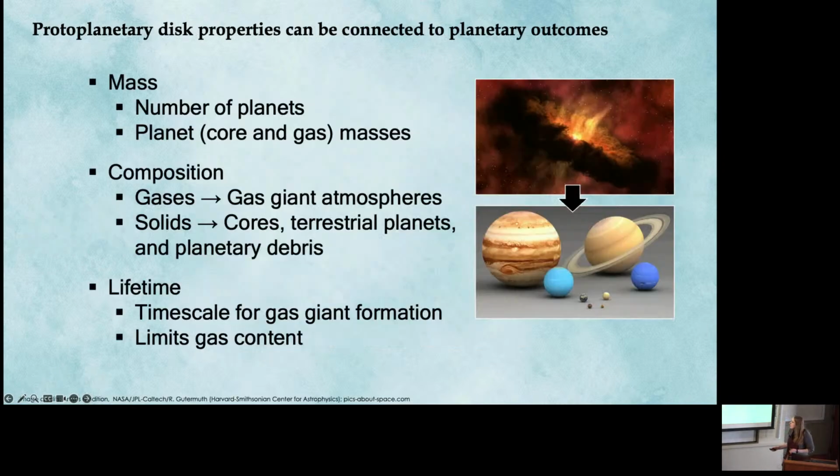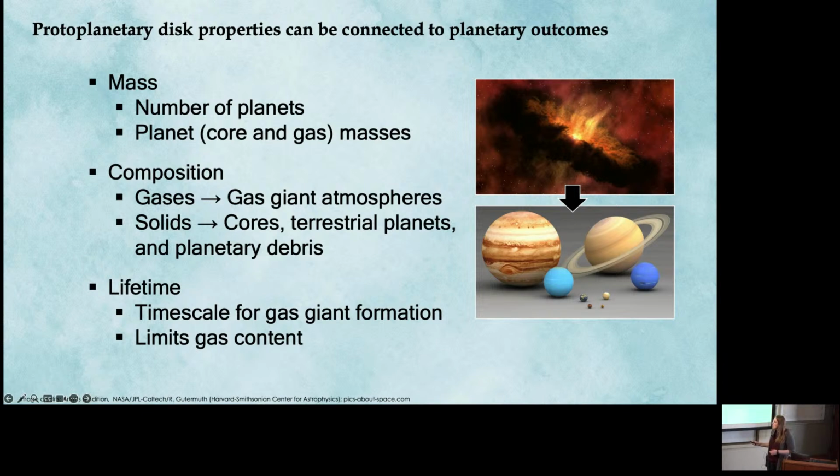In particular, there's a few different properties of protoplanetary disks that we can observe that we can directly relate to potential planetary outcomes. One being the total mass, gas and dust of the disk. That's going to relate to the number of planets that you could form out of this disk and their sizes and core to gas ratios.